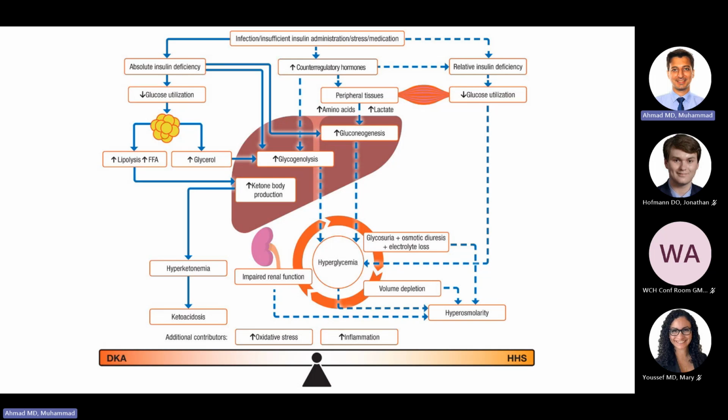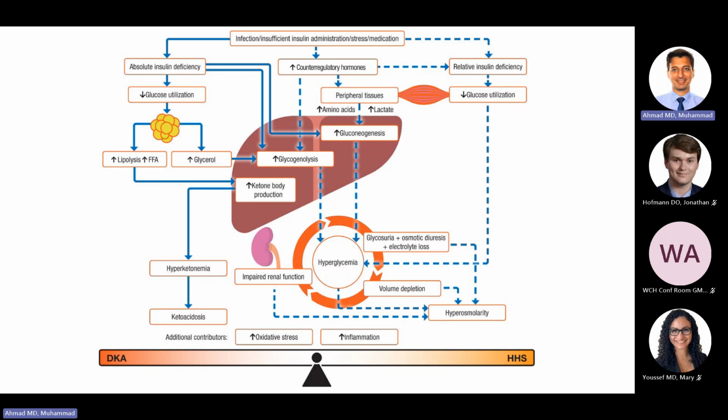So this promotes the formation of ketones because glucose is not going to the cells because of the insulin deficiency, right? So our brain can only use glucose for energy, or ketones for energy. It cannot use anything else. That's why our body has the mechanism to generate ketones, but it comes with some kind of side effects.